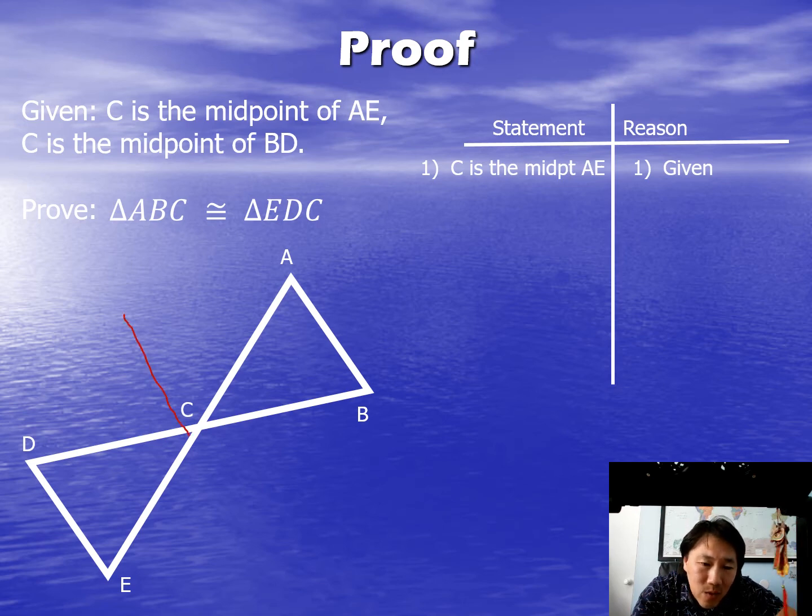So C is the midpoint of AE. Now, if you know what midpoint means, you should know that when something is in the middle, that means it cuts something in half.